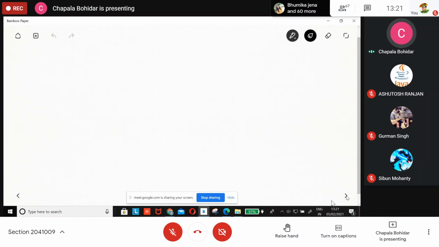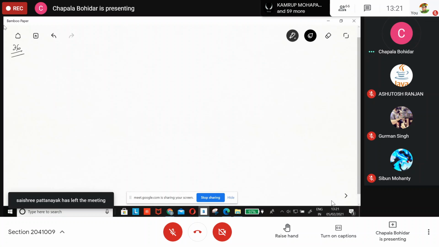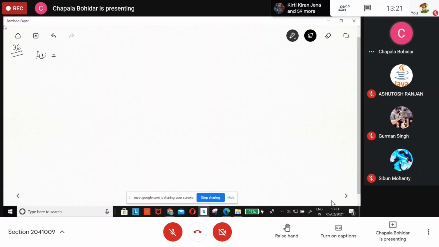Then your question number 36. Use Newton's method to find the absolute maximum value of the function f(x) is equal to x cos x, 0 less than or equal to x less than or equal to pi, lies in between this.